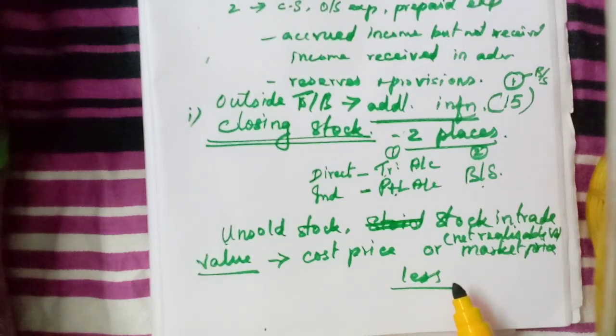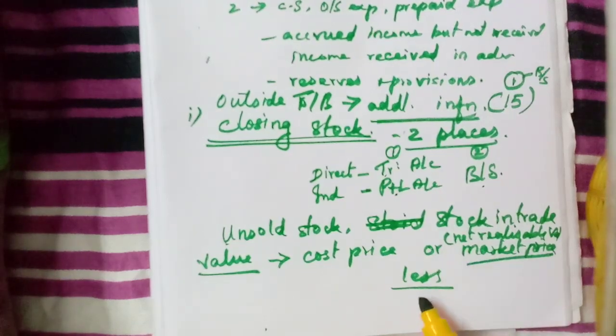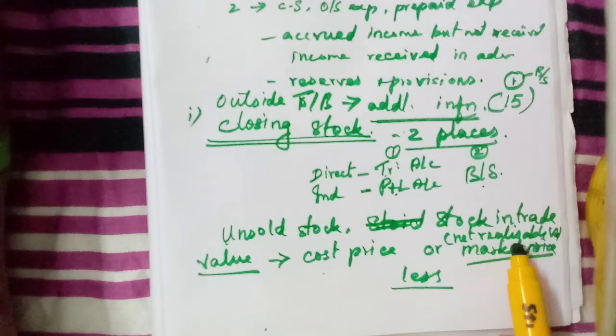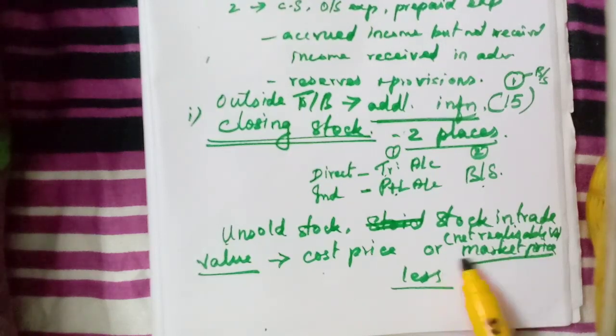Any expenses related to selling of that stock must be reduced from the amount that can be received. That is called net realizable value, or in short, we have studied it as market price. Cost price means the cost to produce those goods, and market price, the net realizable value, is what can be received by selling those goods.